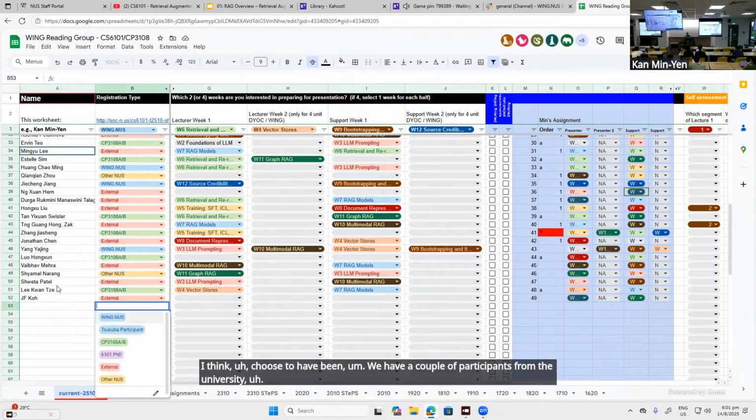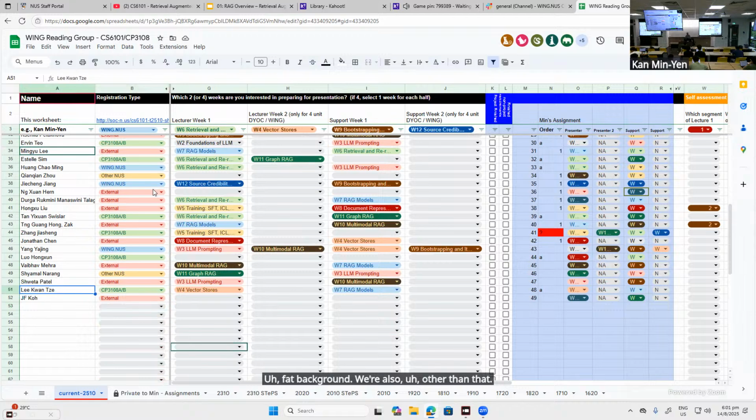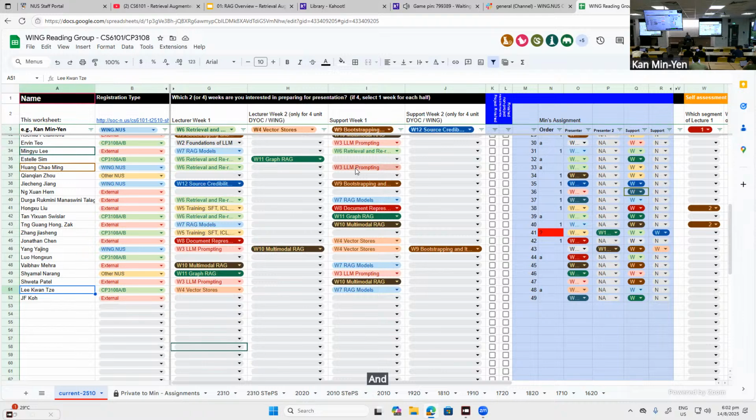So again, external participants, other NUS students, and CP 3108A students are responsible for one lecture and one support. You need to choose the ones you want, and then I will assign them. I'll go over this later.